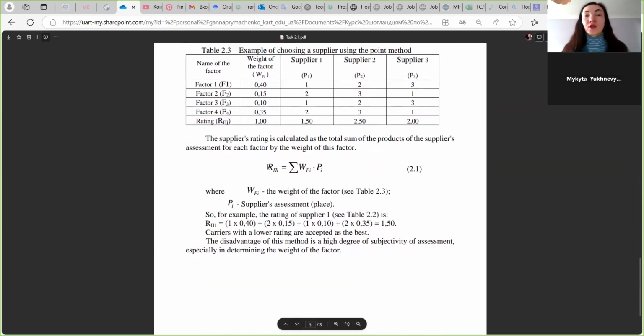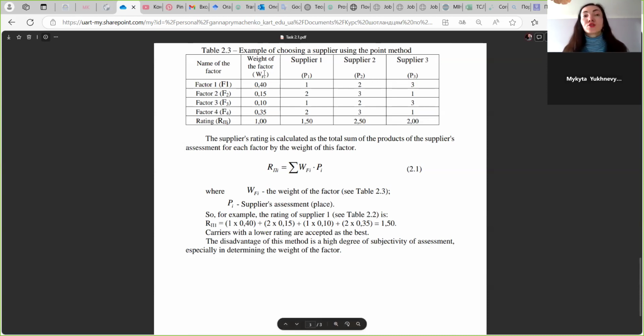We could write now on paper or in our electronic document our rating. For every supplier, we could write rating 1, rating 2, rating 3, up to rating 10 for the last supplier. We write equal to, and here in our formula, we need to calculate it.